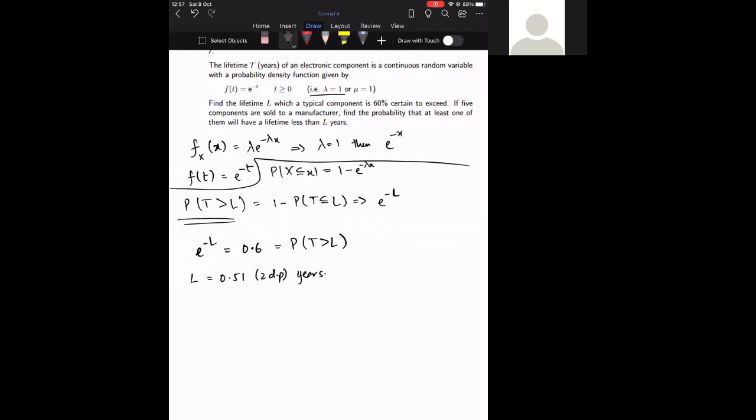We found that. Now they say if 5 components are sold to a manufacturer, find the probability that at least one of them will have a lifetime less than L years. So what do we want?